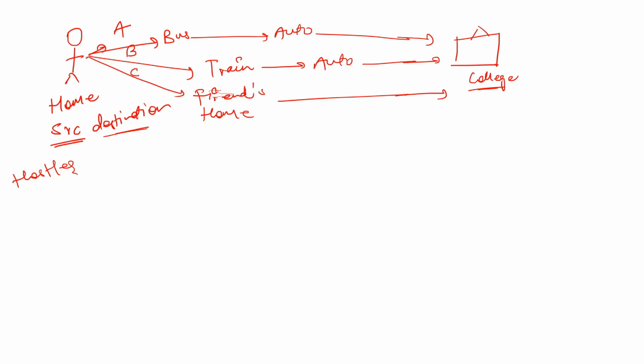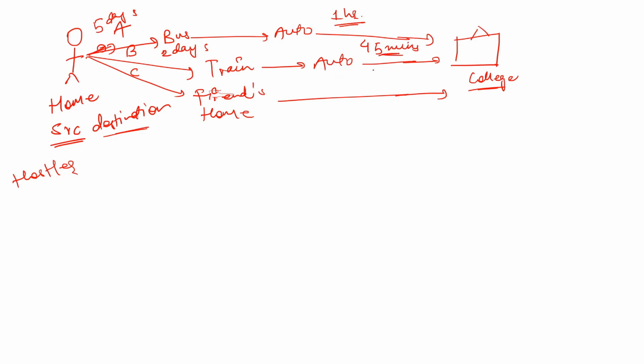Let's say you took this approach for 5 days, and you learned that this approach takes an hour for you to reach from your home to your college. You took this approach for 2 days, and you understood that it takes you 45 minutes to reach from your home to your college.